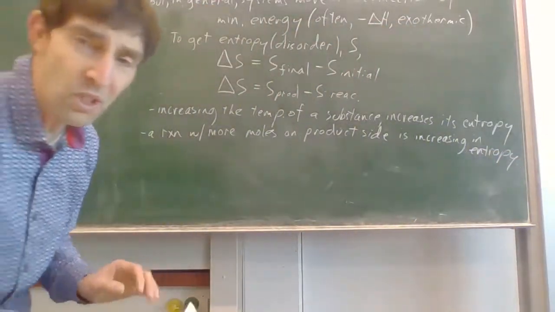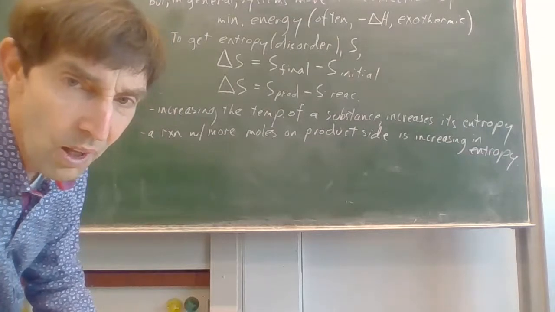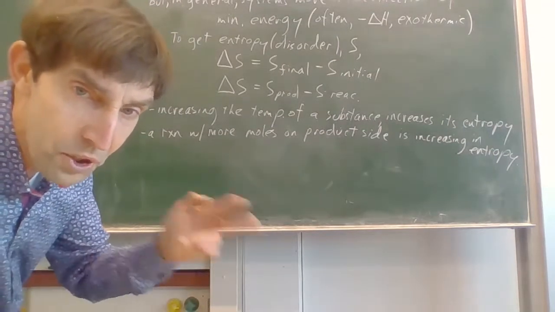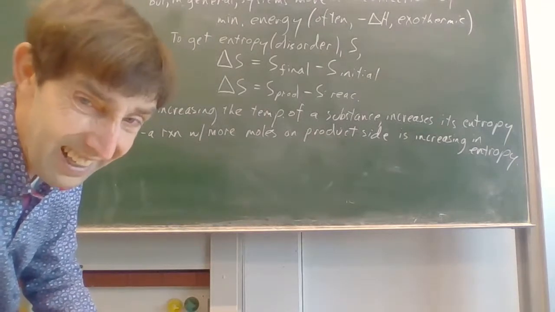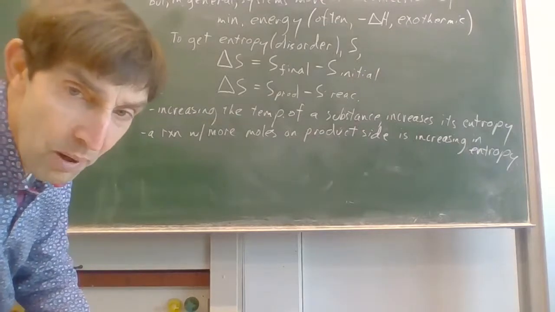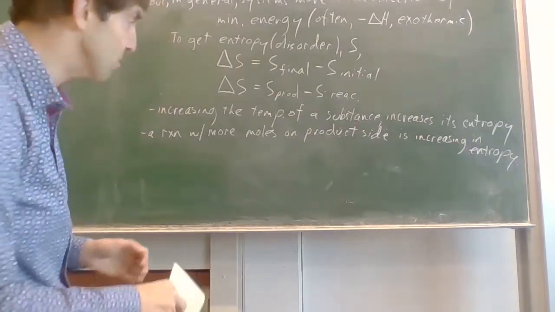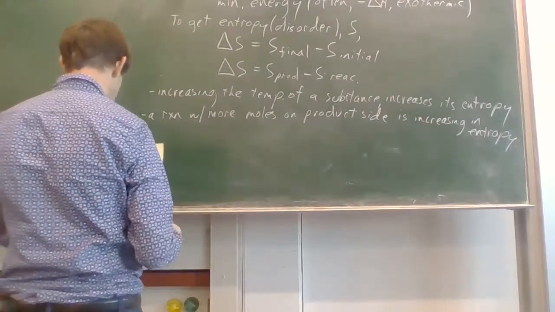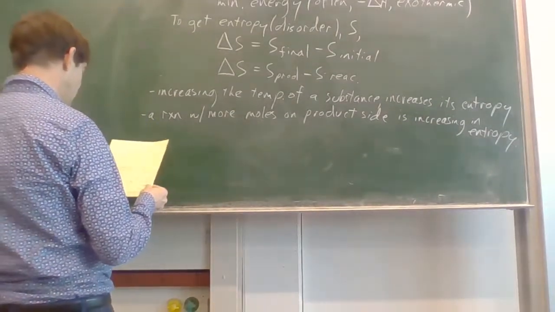Kind of like the one we just did with all of you, where it was the PCl5 going to PCl3 plus CO2. I went from 1 mole to 2 moles, so it had an increase in entropy, this reaction, right? It went from 1 to 2 moles, so more entropy, more disorder. Okay, we're not going to do that.